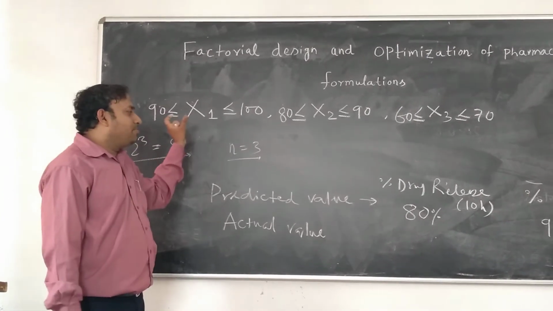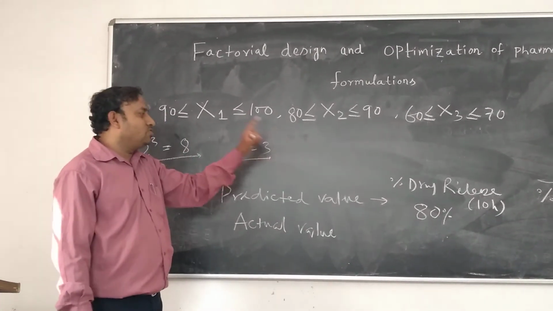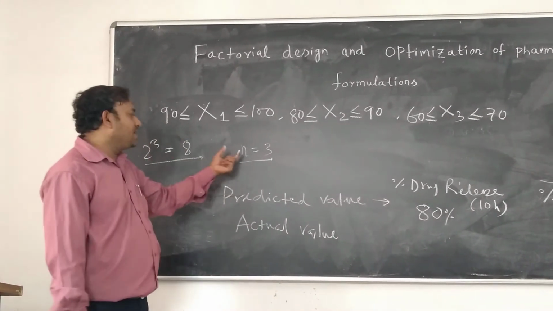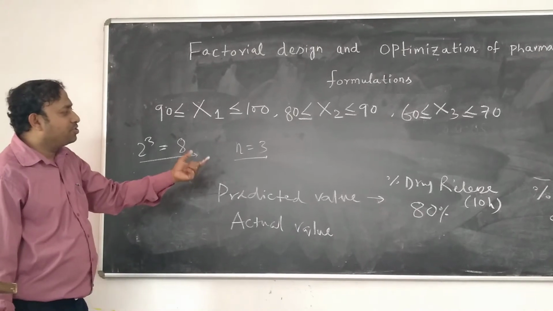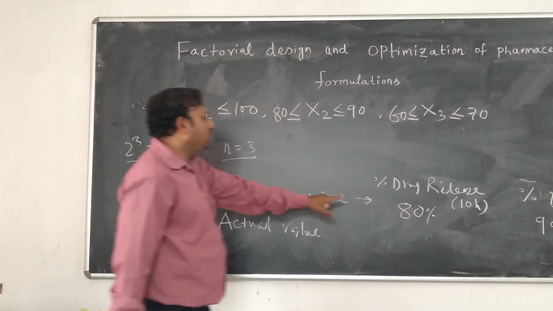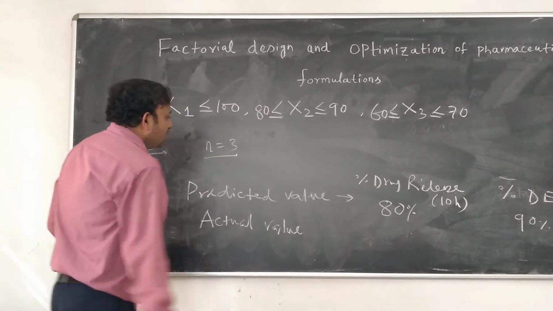After getting the particular amounts of x1, x2, x3, we produce the 8 formulations in triplicate.